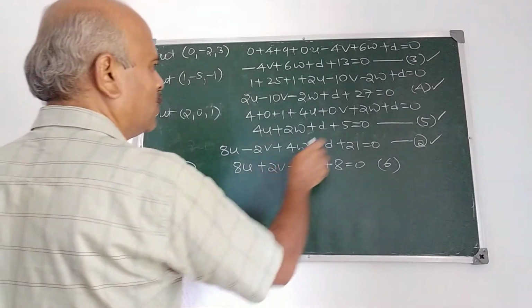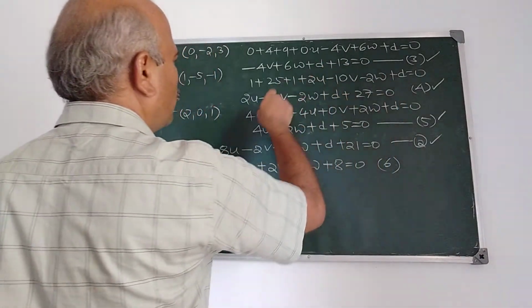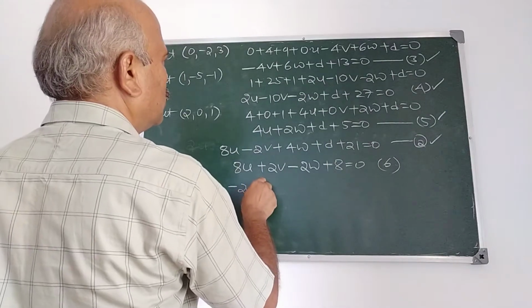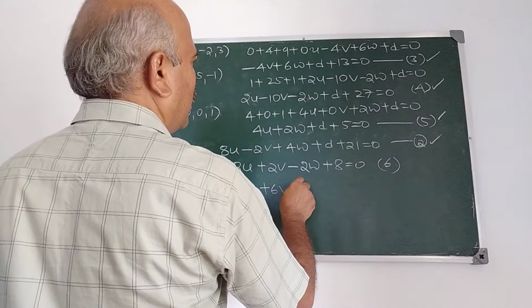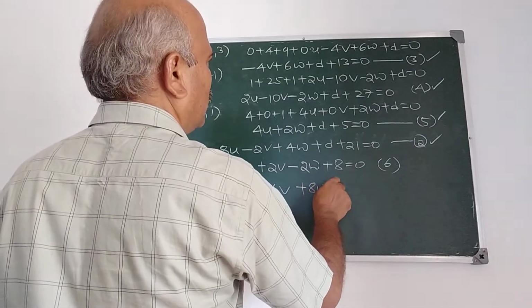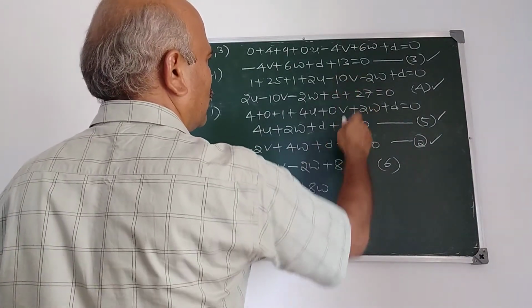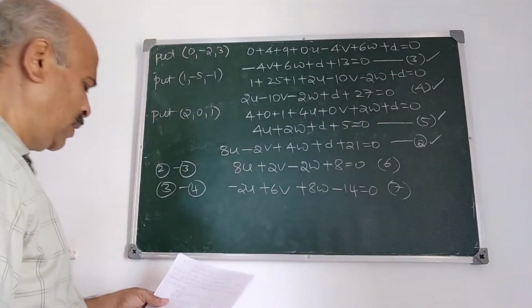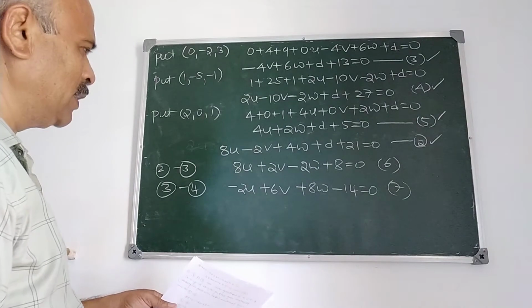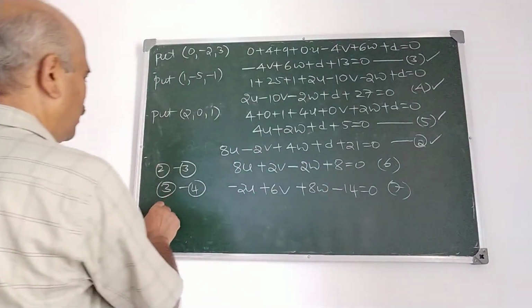Take 3 minus 4. 3 minus 4 gives minus 2u plus 6v plus 8w minus 14 is equal to 0. This is 7. Minus 2u plus 6v plus 8w minus 14.